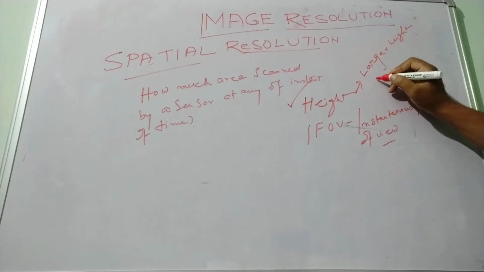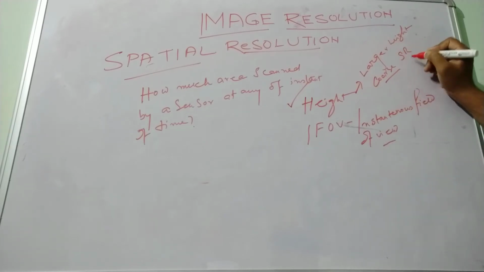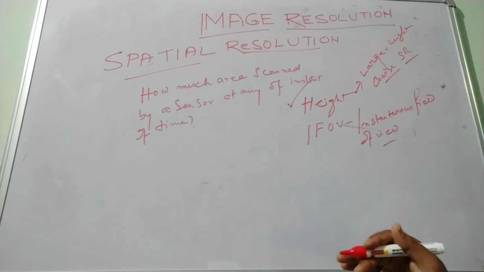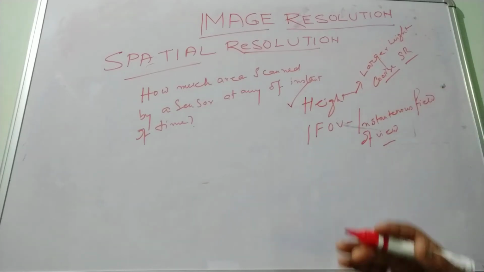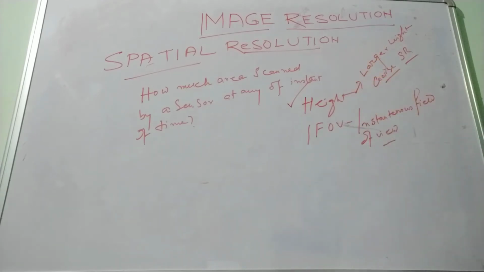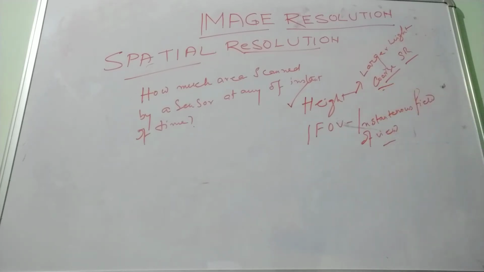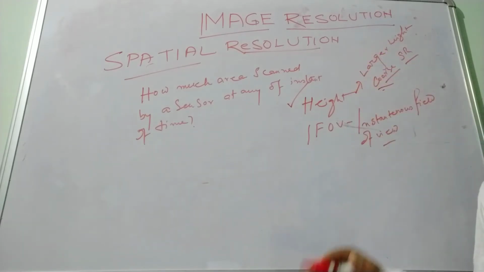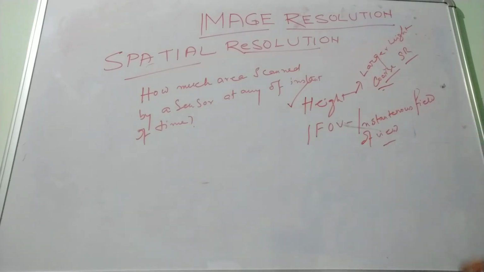How? If we go to the larger height, we can view the large area compared to the lower height. But as we are viewing the larger area, the ability to identify the object is less. Therefore, it provides the coarse spatial resolution. In comparison, if we go to the lower height, we can view the smaller area, but the ability to identify the object is more.